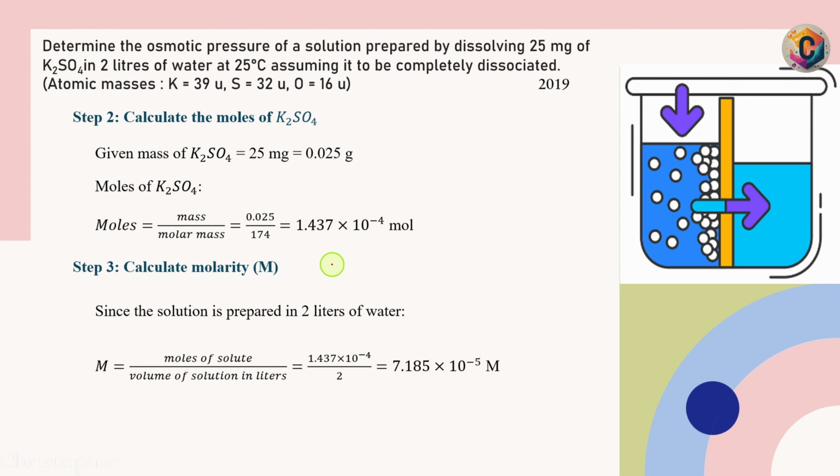Then to find molarity, what do I have to do? Moles by volume of solution in liters. So the moles, I know, is 1.47437 into 10 to the power minus 4. The volume of solution in liters is given here, it is 2 liters. So if I simplify it, I have found the molarity of the solution.